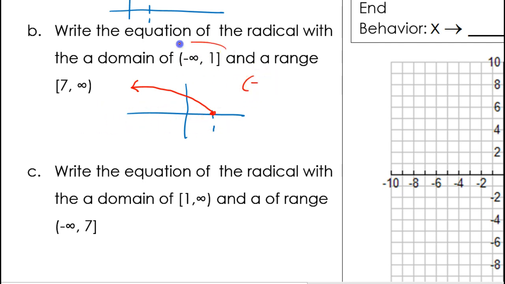Okay, well, just like this. So because it starts from negative infinity and ends at 1, we're going to need a graph that's facing to the left. Okay, and because we want the range to be from 7 to infinity, we will still need it to be shifted up. Okay, so let's see if we can make that happen.